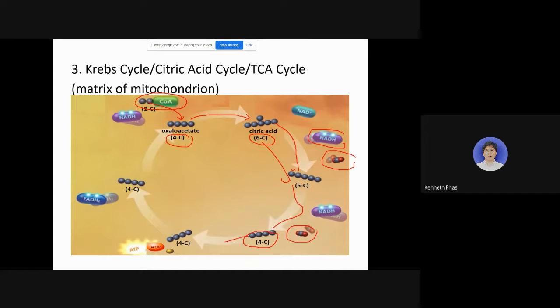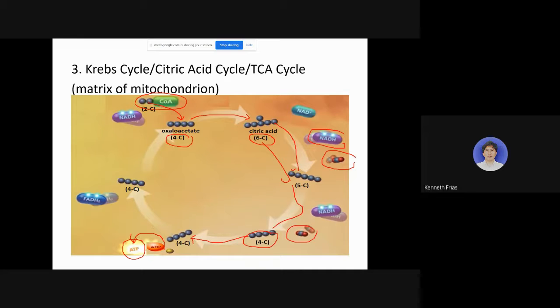And then this four carbon molecule will undergo further processing or reconfiguration of its structure. So it will interact with ADP so that the Krebs cycle will create ATP. Remember, the result of these cycles is production of ATPs.